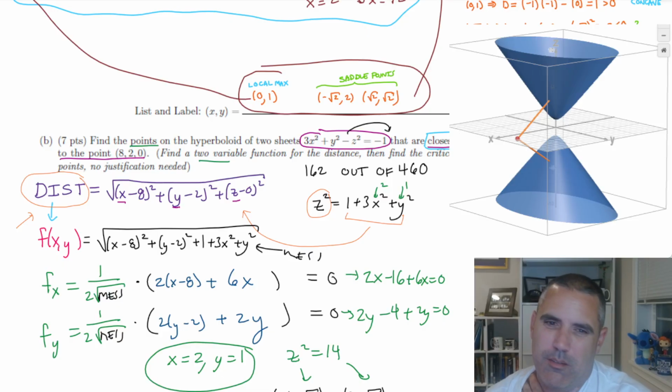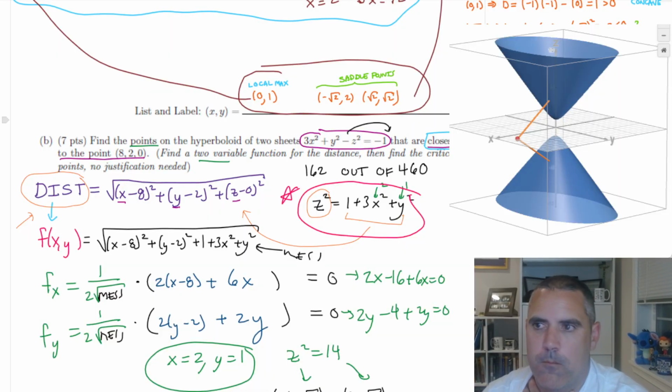Okay, so maybe trickier, but I wasn't trying to be tricky. I was trying to ask a question just like the homework. So a few people lost a chunk there. And like I said, I can't really give partial credit for taking the derivatives of this because that's the wrong idea. But it's one question. All right. Hope that explains a couple key ideas.